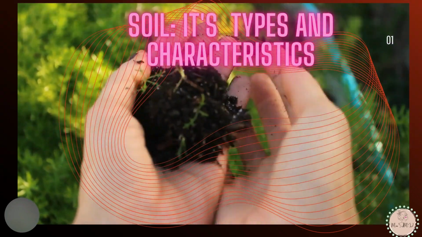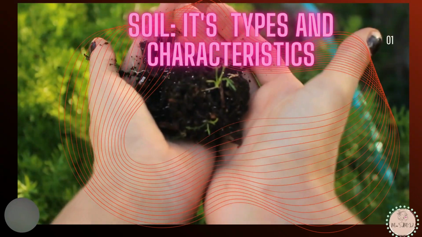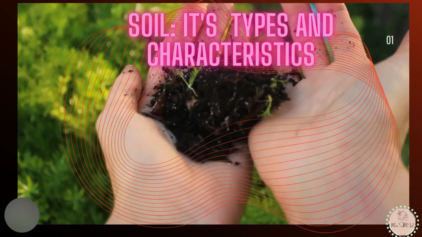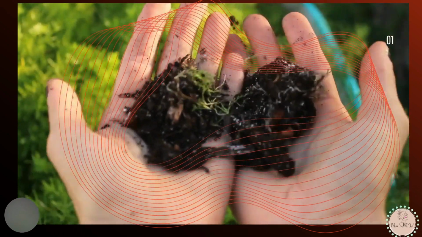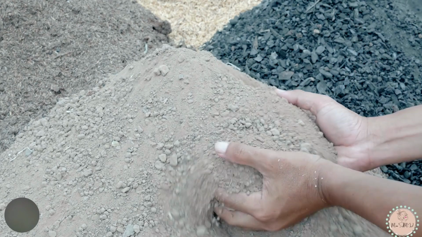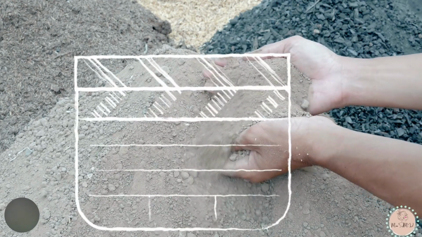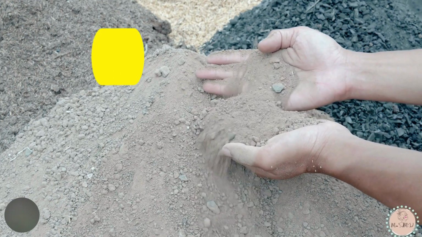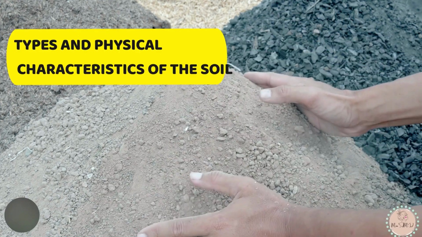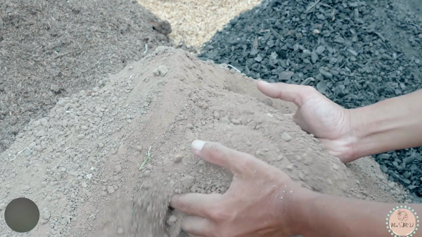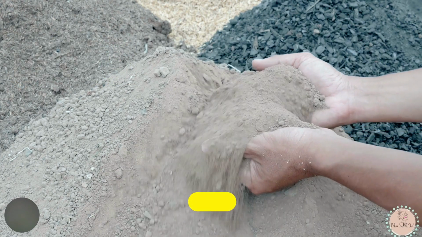For today's video lesson, we will discuss soil, its types, and characteristics. This video lesson will help you understand more about the types and physical characteristics of the soil. You will also learn how it is formed.